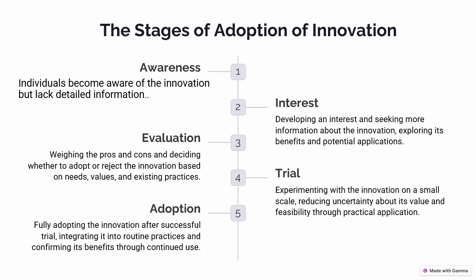In evaluation, individuals weigh the pros and cons and decide whether to adopt or reject the innovation based on needs, value, and existing practices. In trial, individuals experiment with the innovation on a small scale, reducing uncertainty about its value and feasibility through practical application.